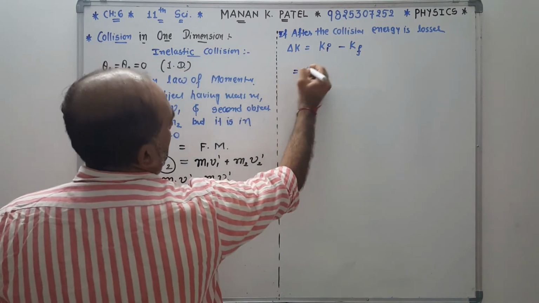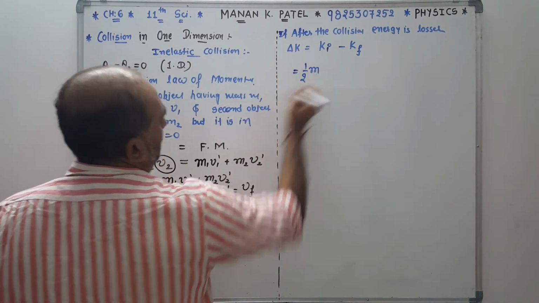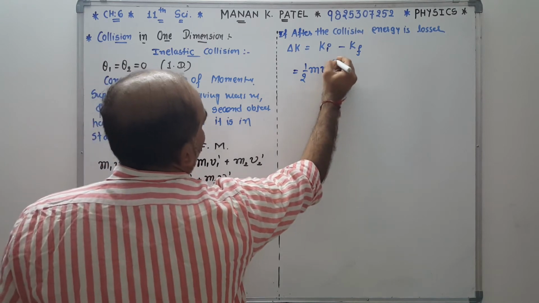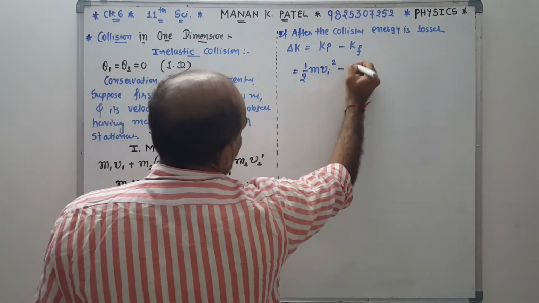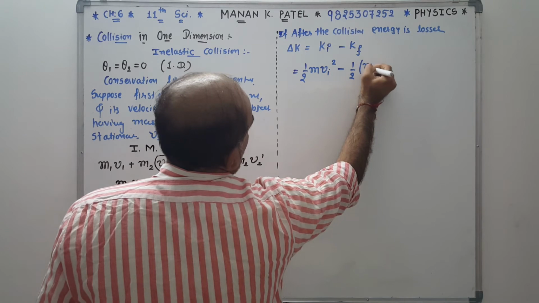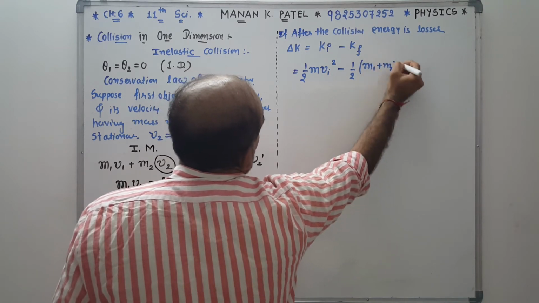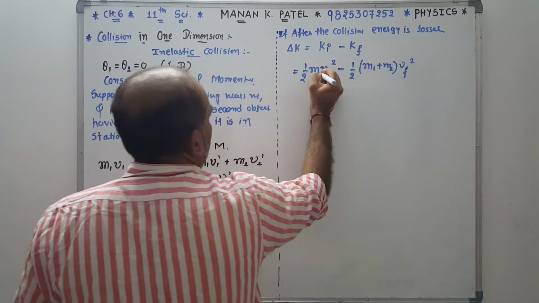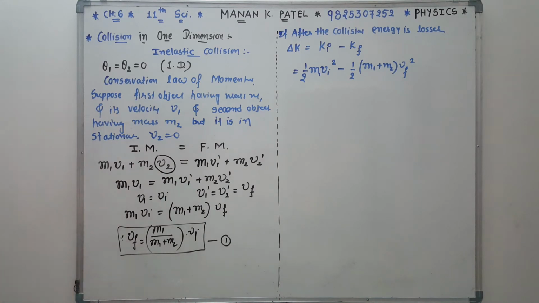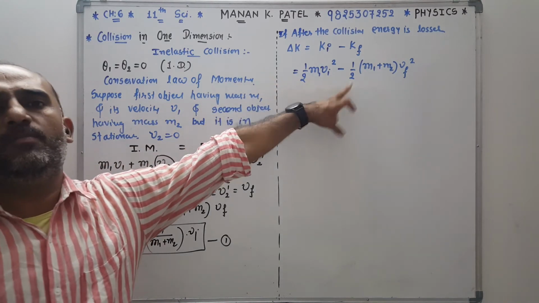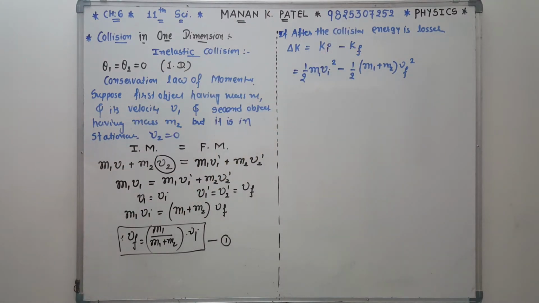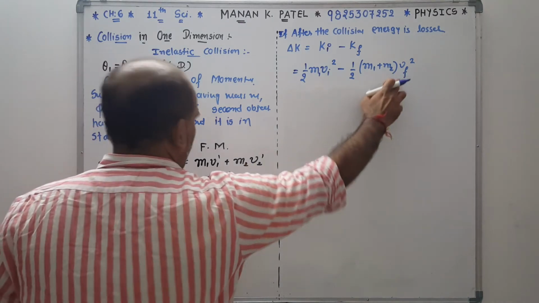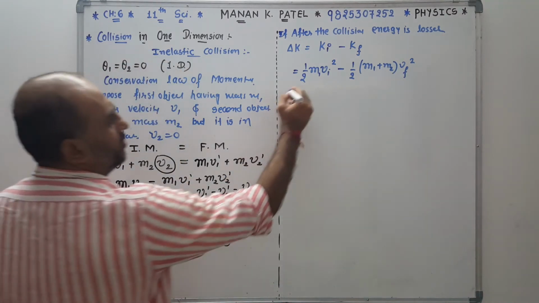So half m1 plus m2 v final square is subtracted from the initial half m1 v initial square. Now put down the value of v final from equation number 1.